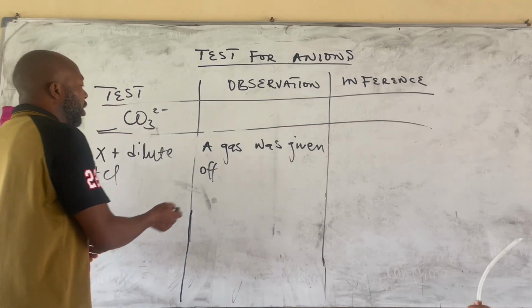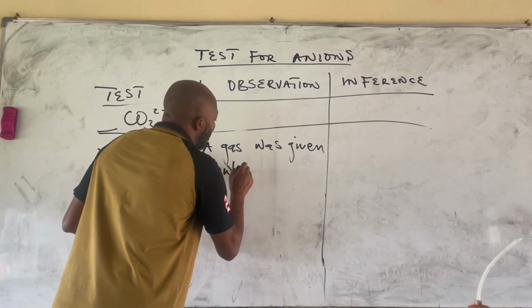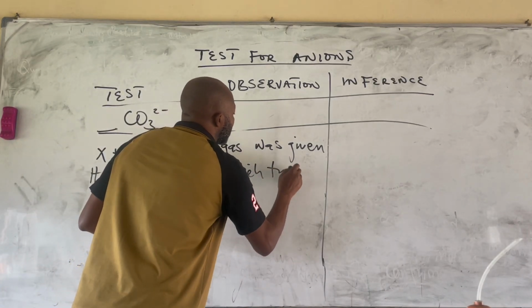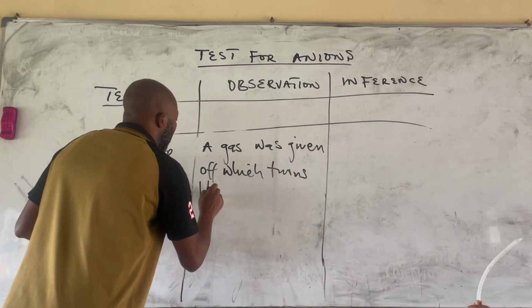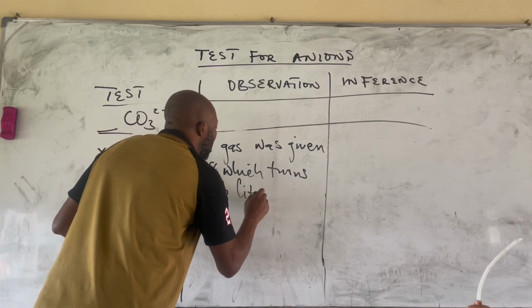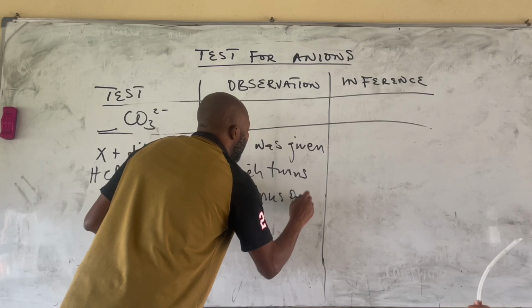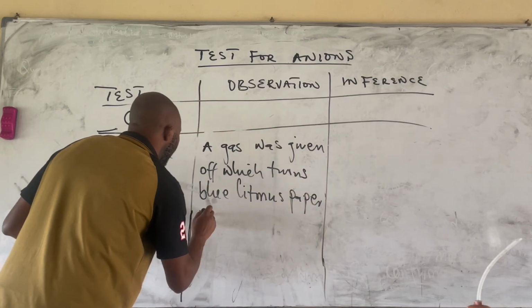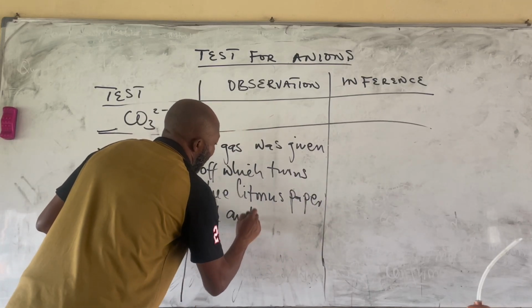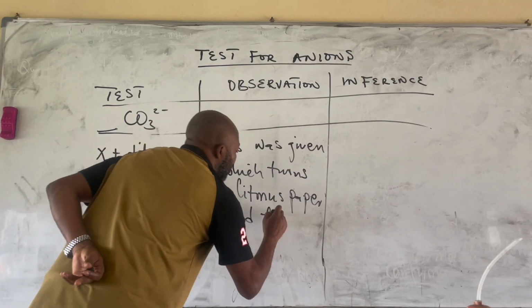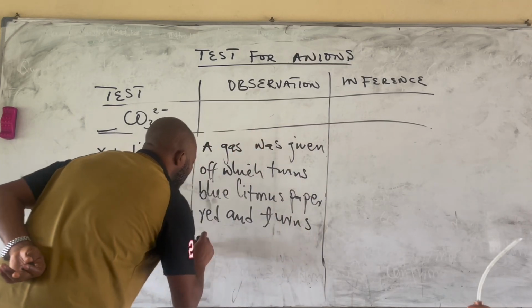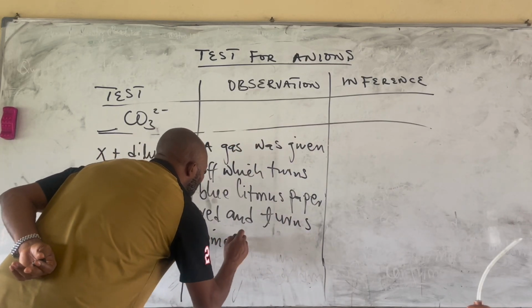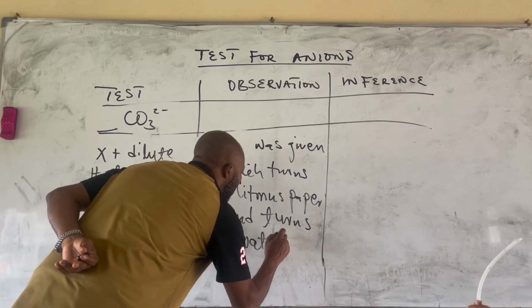So a gas was given off, which turns blue litmus paper red and turns lime water murky.